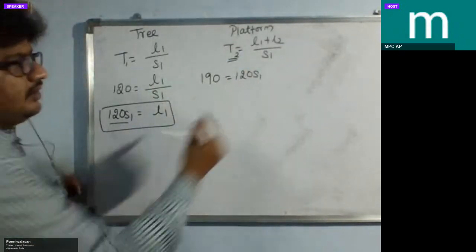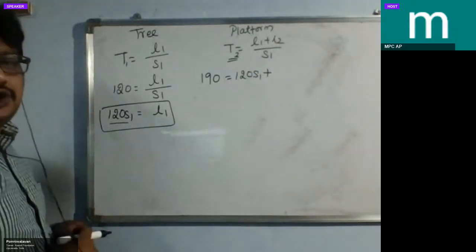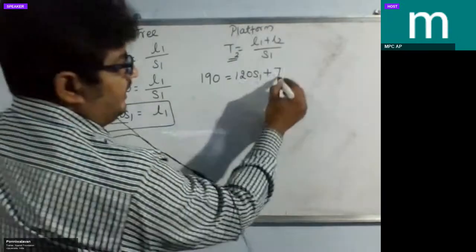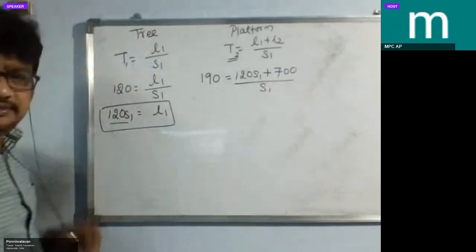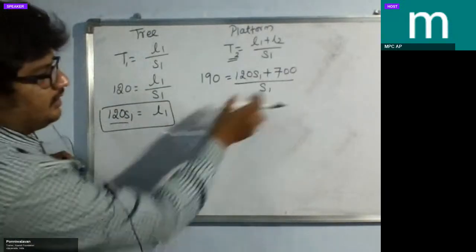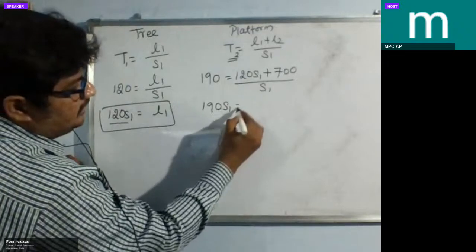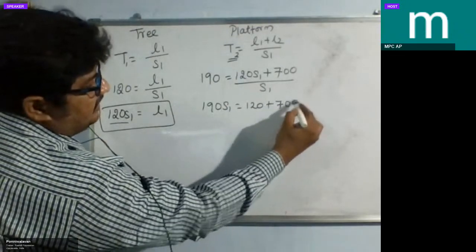What is L2? 700 meters, divided by S1. Now, 190 S1 equals 120 S1 plus 700.